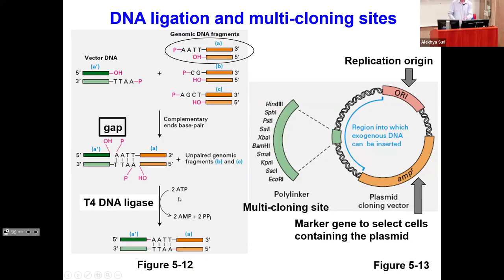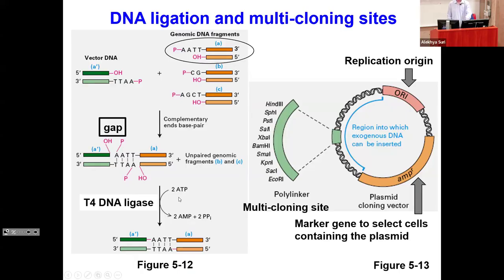So you use this marker gene, in this case an antibiotic resistance gene, ampicillin. If you use that, you can select cells containing the plasmid DNA.